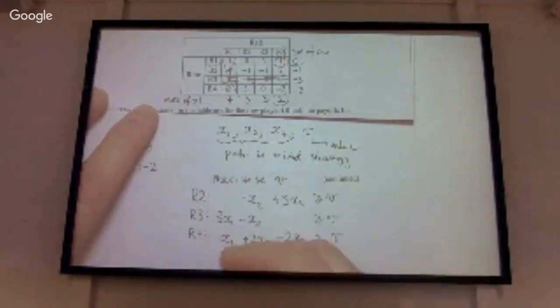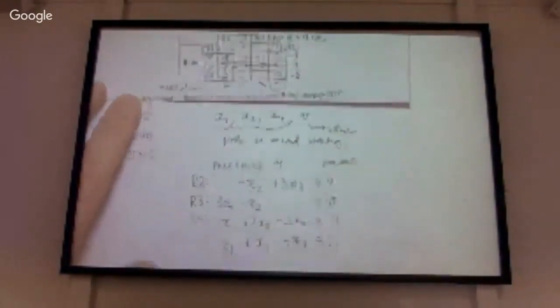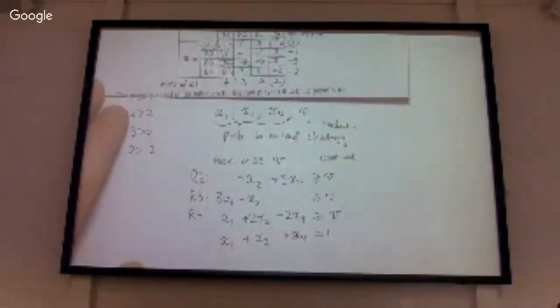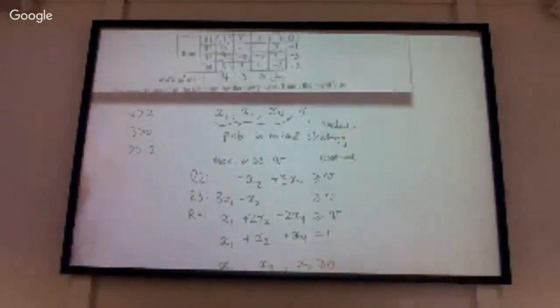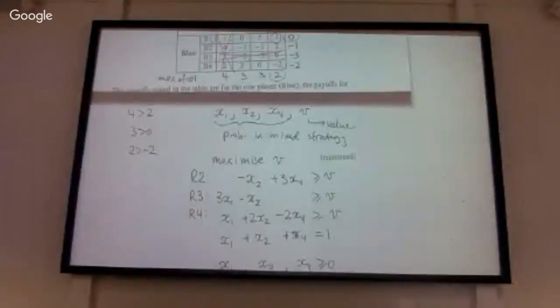And of course x1 plus x2 plus x4, because they're a probability distribution, you want them to sum to 1, and all of them should be non-negative. I apologize for the time, but this is just to prove that in the 13 minutes that we spent doing this, we can get 15 marks. So it's not difficult.